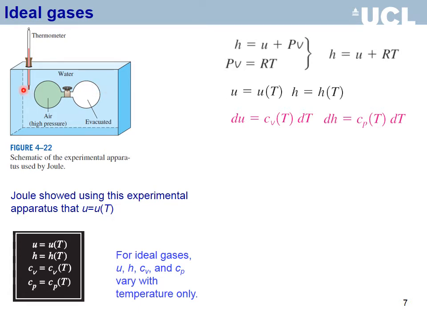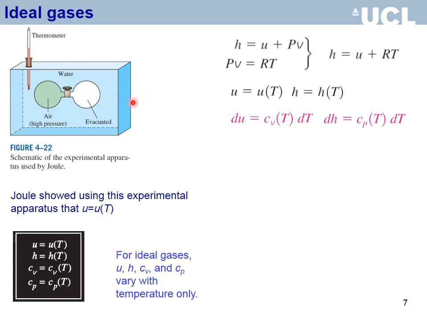If the temperature is not changing, we are not recording anything on the thermometer, obviously, right? And if the thermometer is not recording anything, we can say that, because we did not change the temperature of the system, the internal energy of the system is not changing at all.